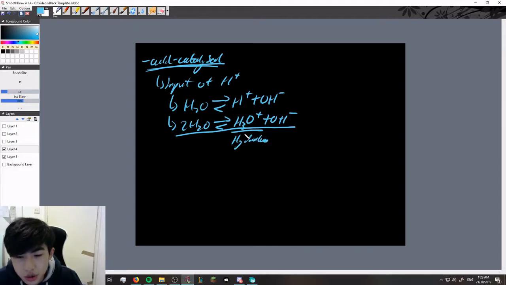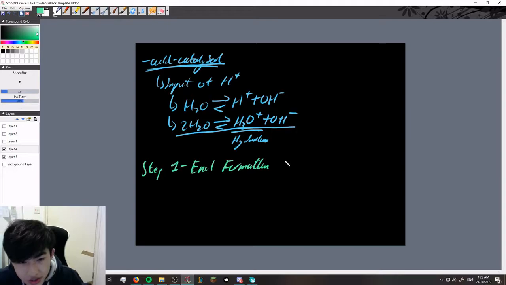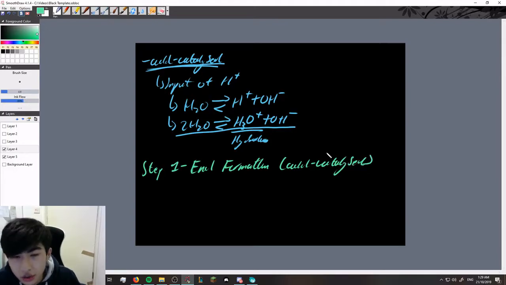This is what happens in reality, and it's going to be this hydronium ion that plays a large part in our acid catalyzed halogenation of ketones, and it actually occurs in the first step of our reaction. The first step of our reaction is the formation of an enol, and this is acid catalyzed. The reason this is important is that our enol, unlike our ketone, can readily react with our halogen.